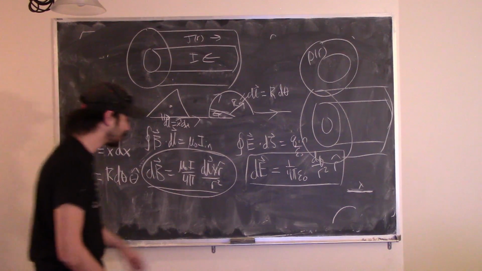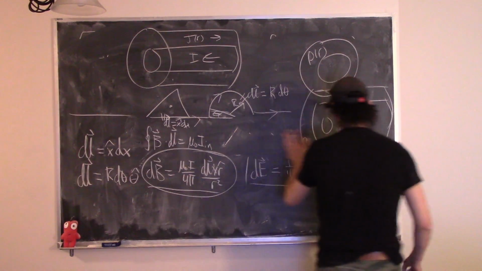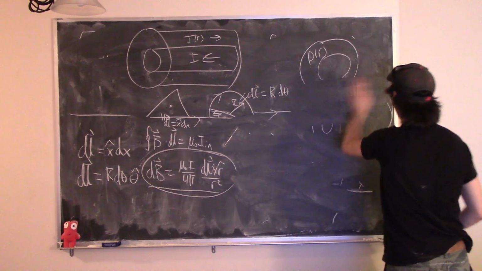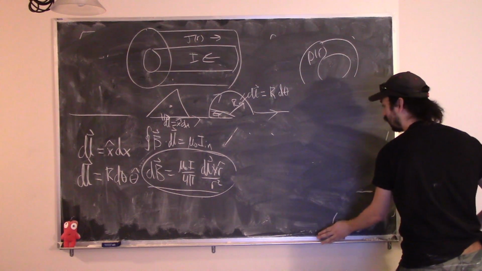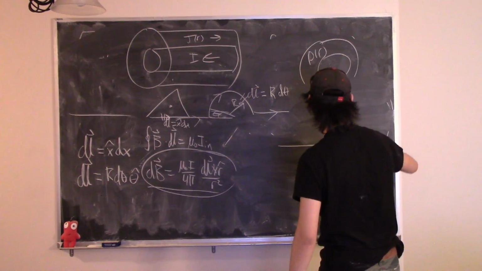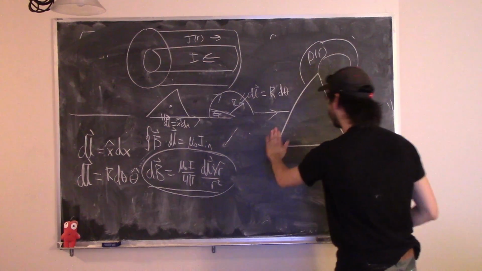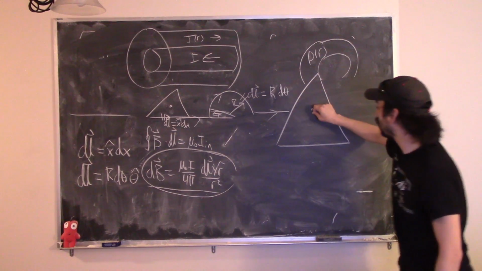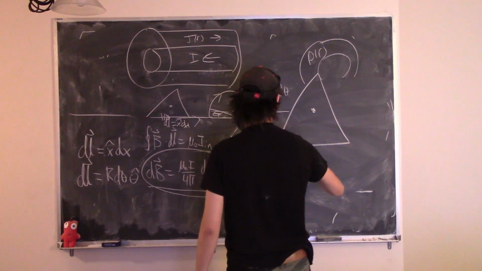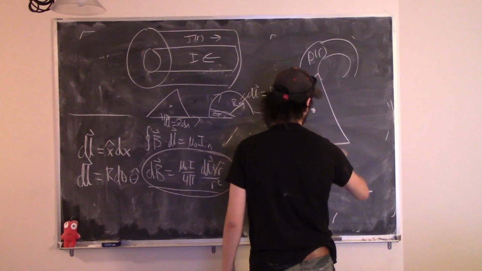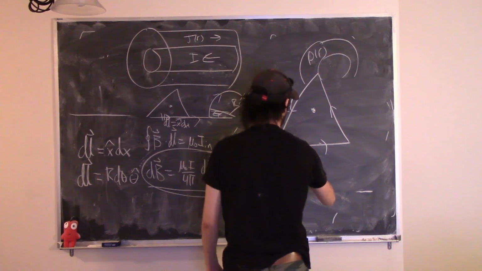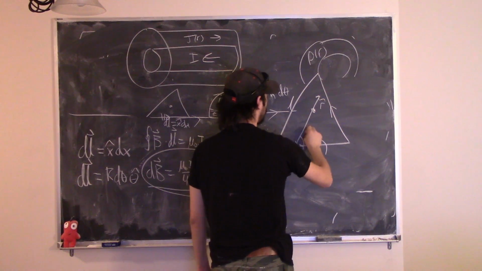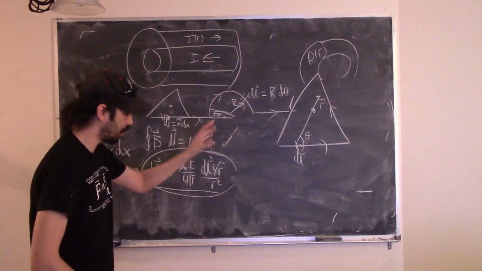We could do almost the exact same thing as the question on the old exam, on the third exam. So this is dl. If I say that the current flows around this way, this is going to be dl. This is going to be r hat. The angle between them I can call theta.